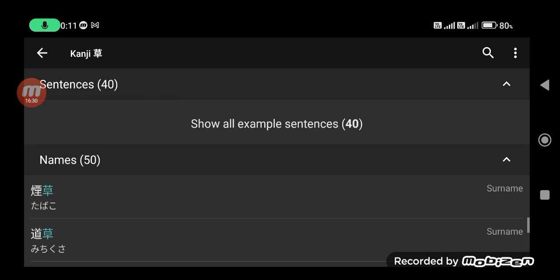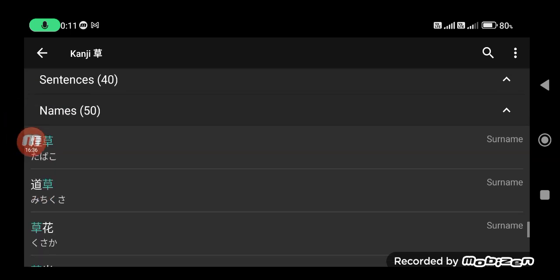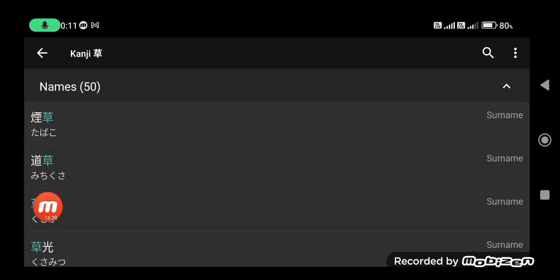And for the names, I'll just cite two. Tabako. The subtitle, or rather the furigana, is written in hiragana directly below the kanji, the combination of kanji characters, just like here, michikusa.